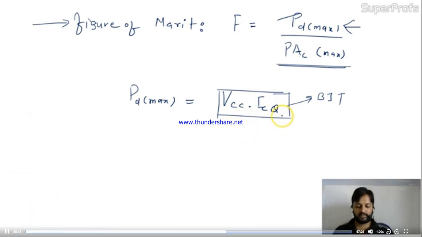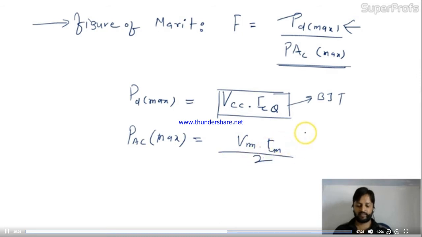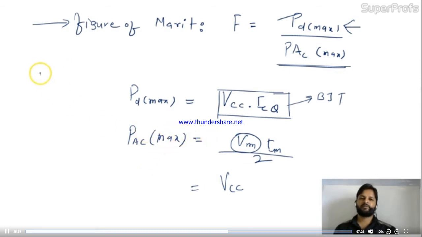So PD max is clear. Now I'm talking about the maximum AC power supplied. It will definitely be Vm Im by 2, that is Vrms Irms. Perfectly fine. So here Vm is nothing but VCC, because for the maximum power you need to take Vmin equal to 0.